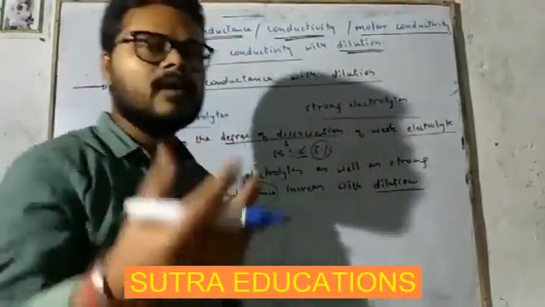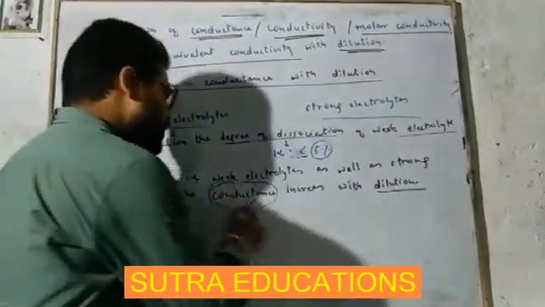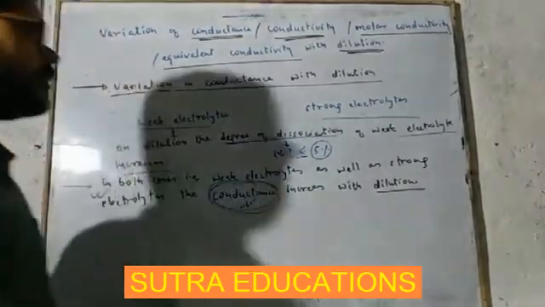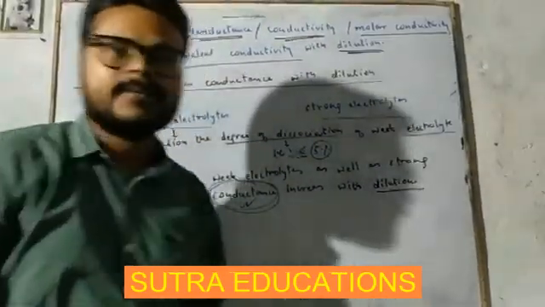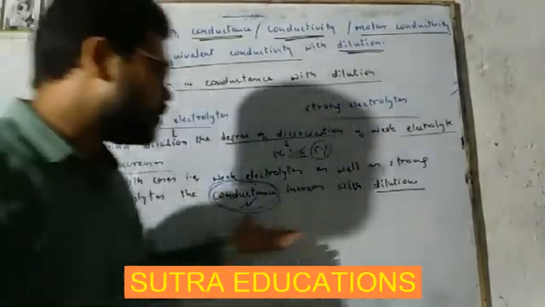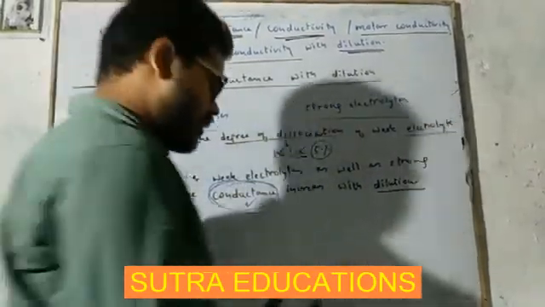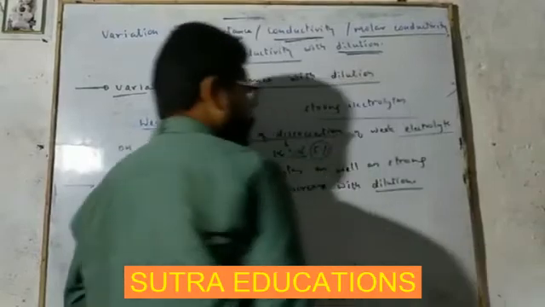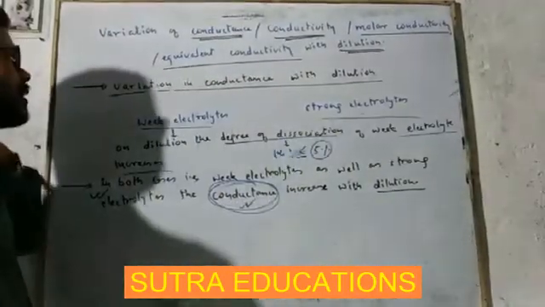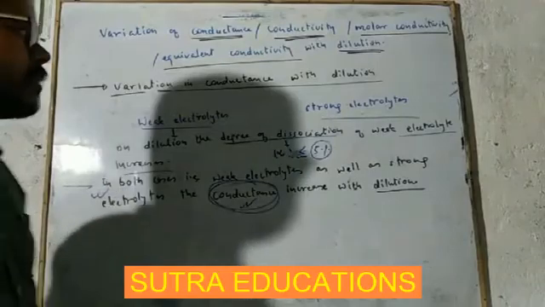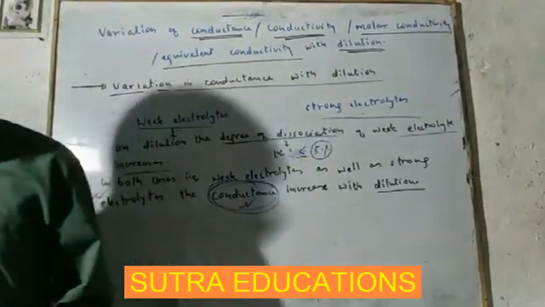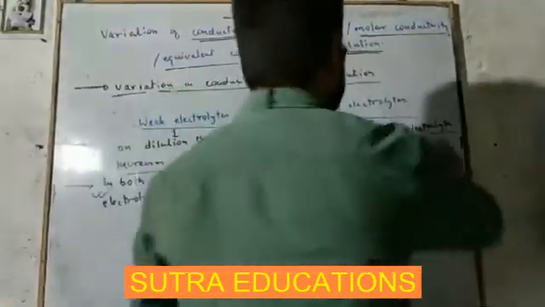And if more ions are there, conductance will be more. What happens in case of strong electrolytes? I have written here, in both cases, strong or weak, the conductance increases. So why in case of strong electrolytes does conductance increase? Let's try to understand.